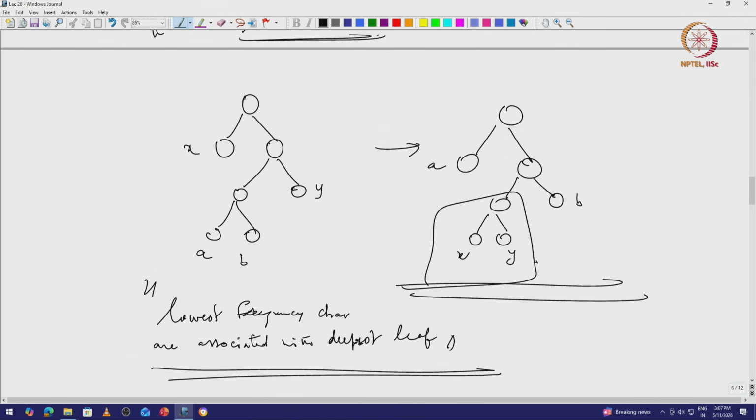The higher the frequency, the lower will be the level. But that is what we are doing in Huffman's code.